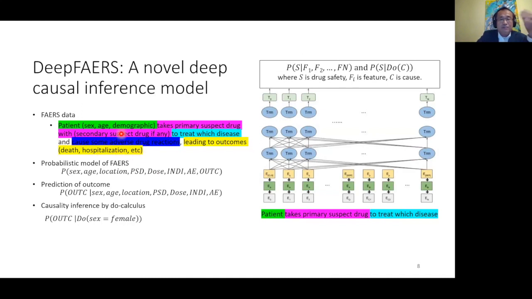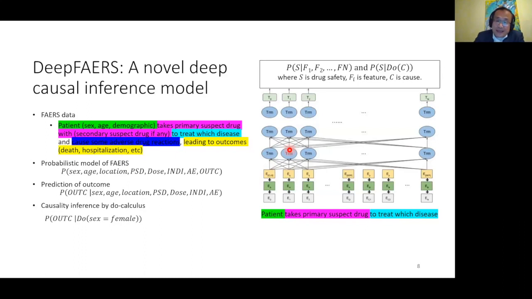The data itself, as I said, is just like a natural language document, semi-structured. We use a deep neural network language model, a transformer-based language model, including, for example, BERT from Google and ALBERT also from Google.